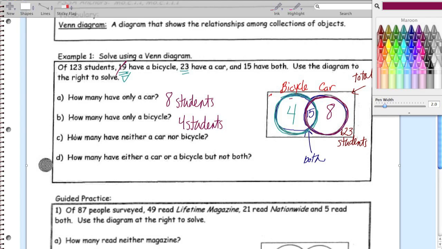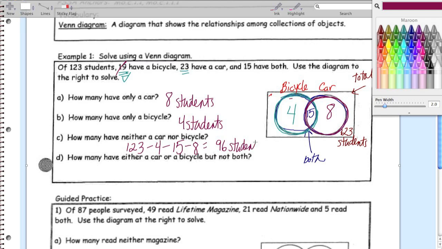In letter C, how many have neither a car nor a bicycle? Well, we know that we have 123 students total that we looked at. 4 of them have only a bicycle, so we're going to take those 4 off. 15 have both, so we're going to take those off. And 8 have only a car, so we're going to subtract that as well. So 123 minus 4 minus 15 minus 8 is going to give us a total of 96 students.